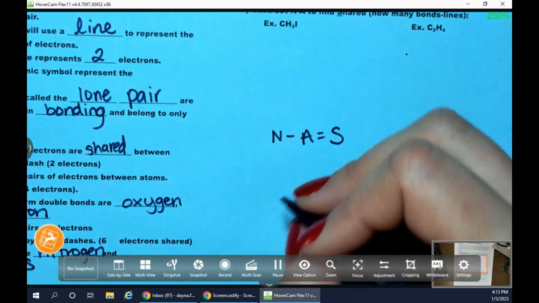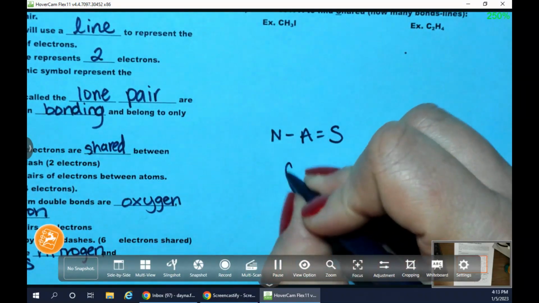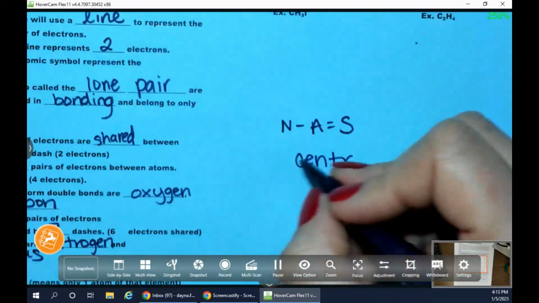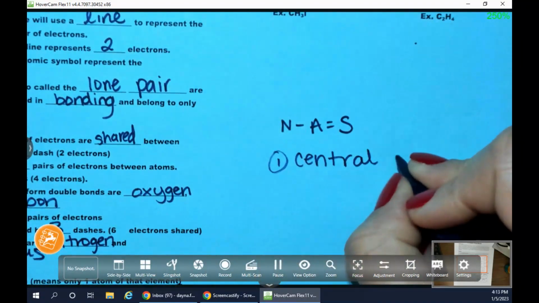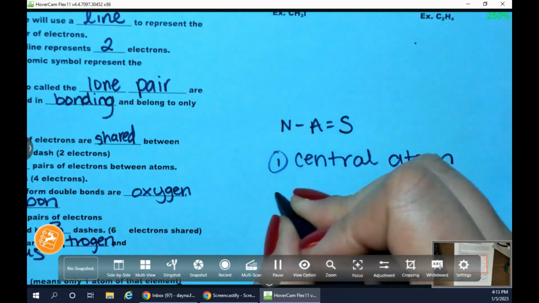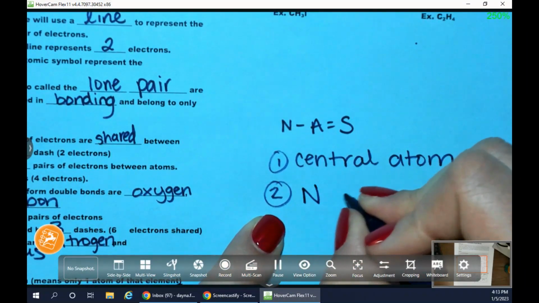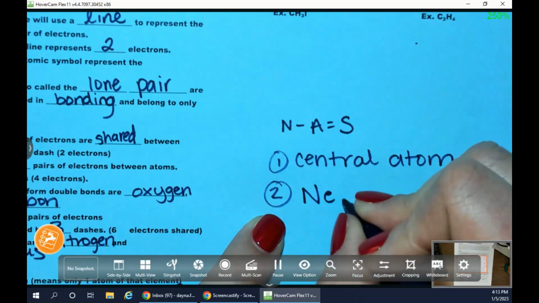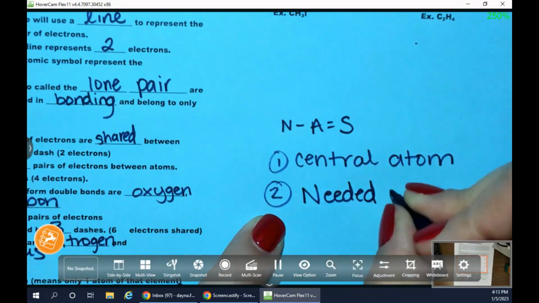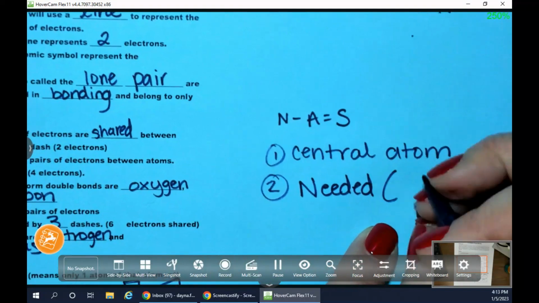So after you picked your central atom, okay, so central atom first. Then you're going to figure out how much is needed, meaning octet rules.